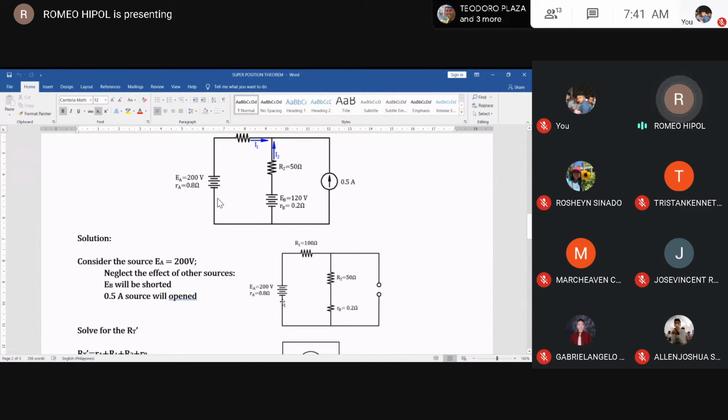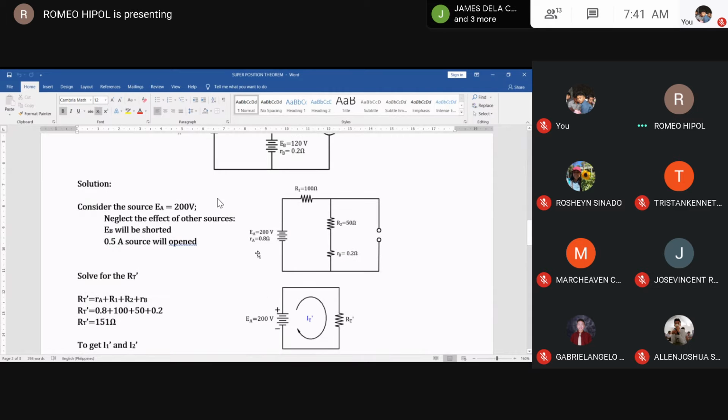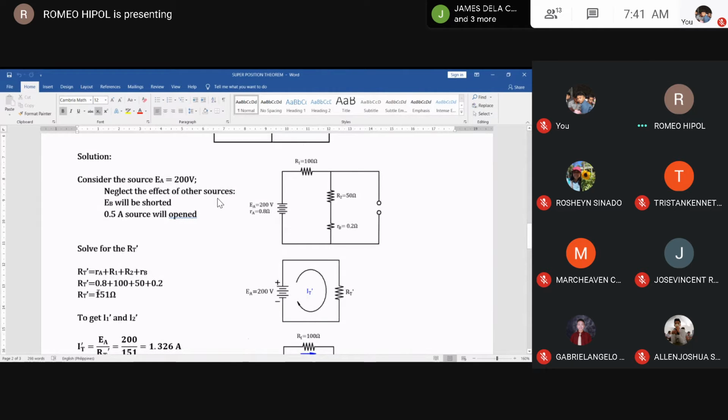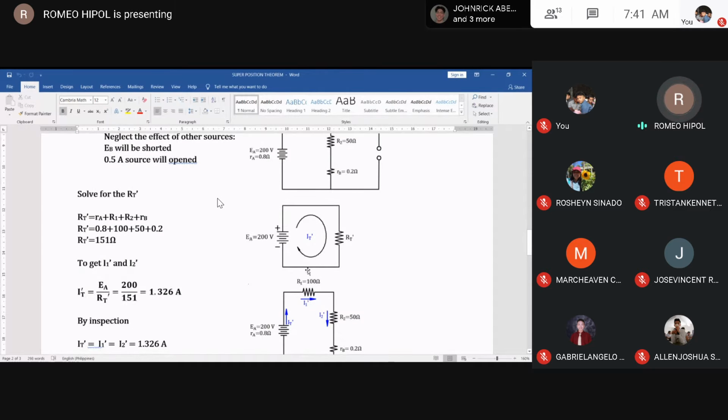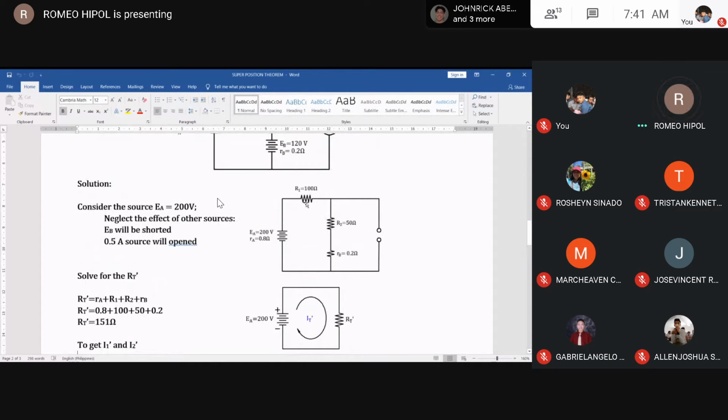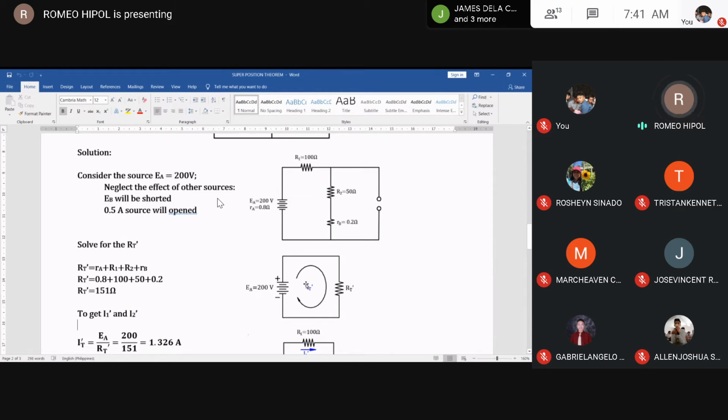Naintindihan? Yung naging output circuit natin. So, we have 151 equivalent resistance. Then, therefore, we get the current going at R1 and R2. So, since we have an equivalent series circuit, so the current flowing at R1 and R2 are the same.